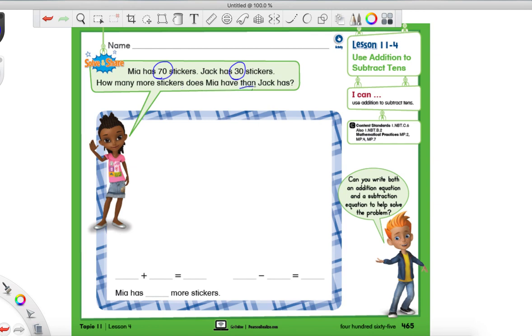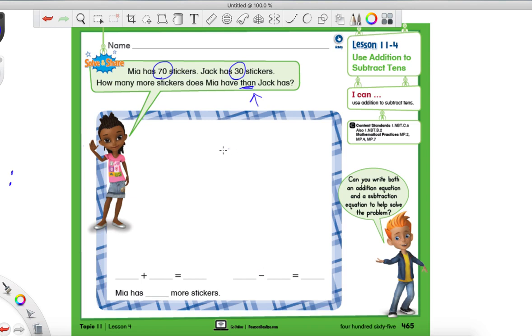Now the word than, it's very important. That always means we're going to subtract. So if you look down here, they have a little addition number sentence set up with blanks and a subtraction one. If I just said that this word than means to subtract, which one do you think we should set up? We should set up this one with the subtraction sign first.